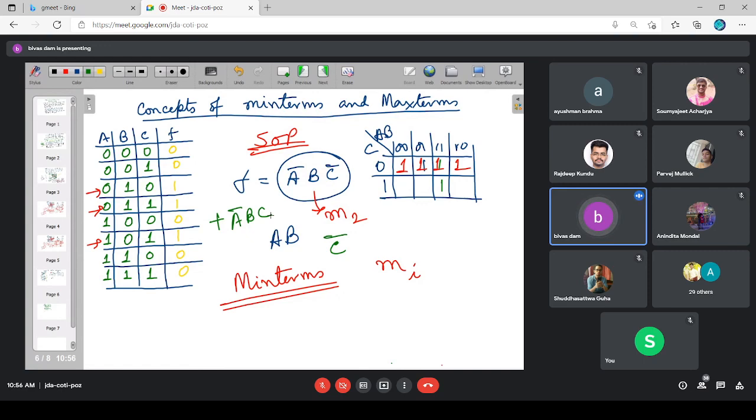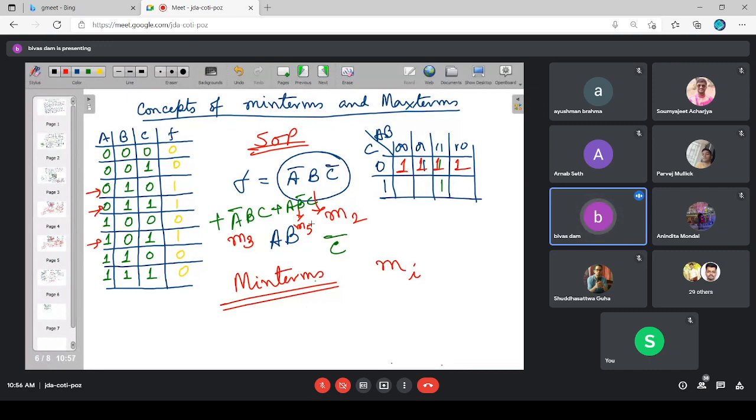So that particular min term is nothing but M3. And what about the last one? A, B bar, C. That will be nothing but M5.